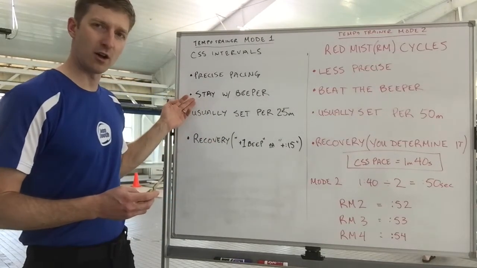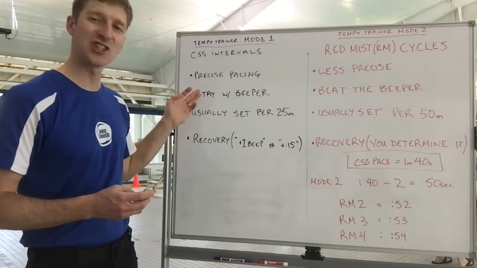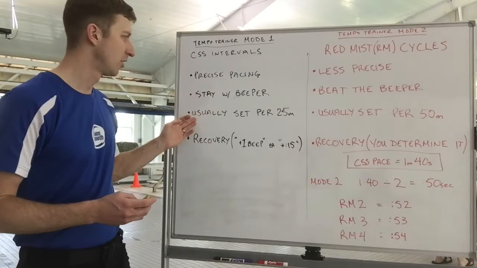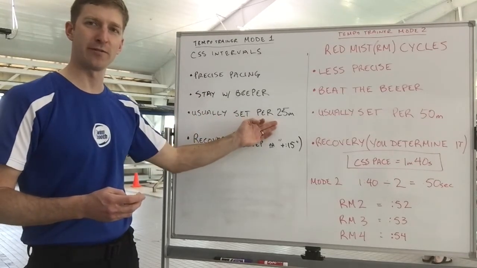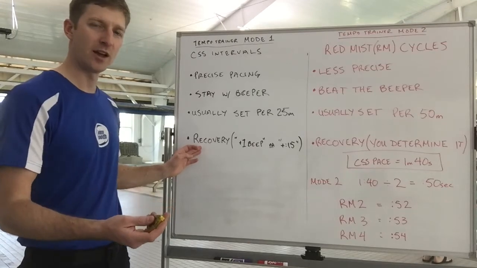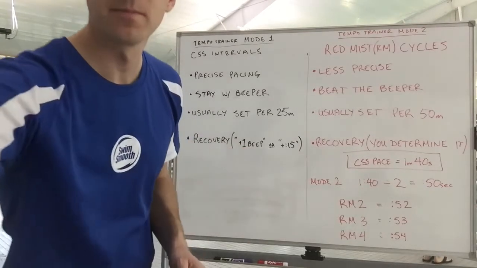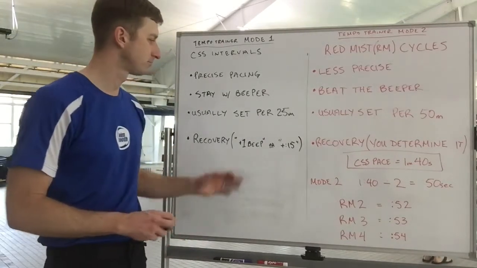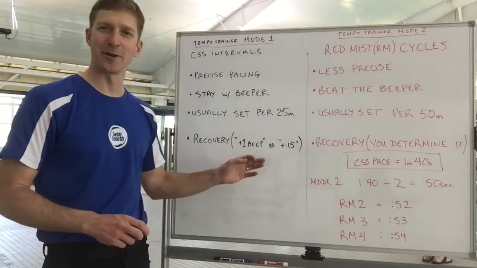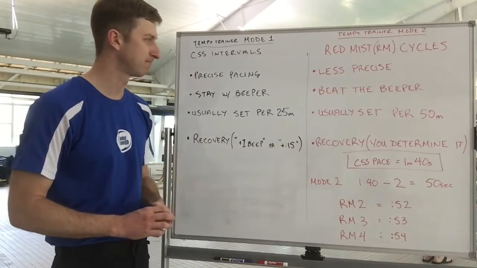Our goal using CSS intervals is to stay with the beeper usually every 25 meters. And then the recovery time between intervals is usually expressed as one beep, or 15 seconds, plus 15.